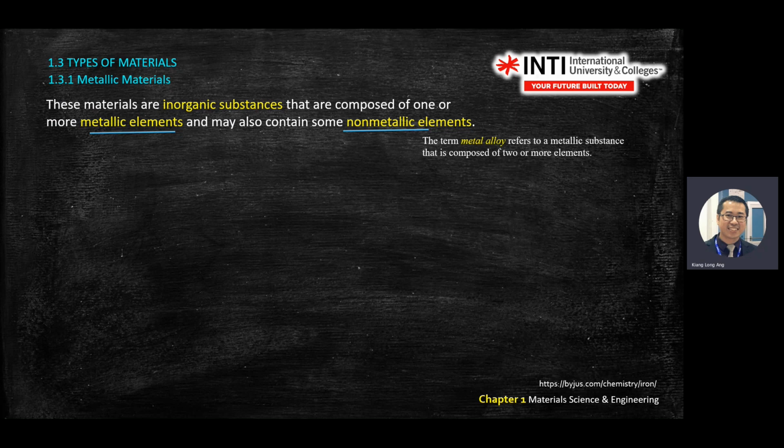In the exam, in your test 1, test 2 or final exam, if you want to mention metal, you need to use the keywords metallic element and non-metallic element. If you use the word metals, sometimes I give you marks, sometimes I do not. It's based on the question.